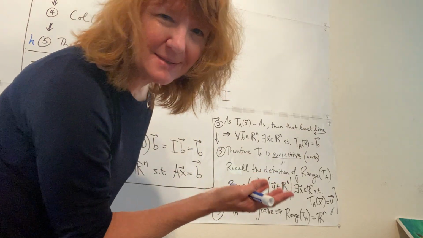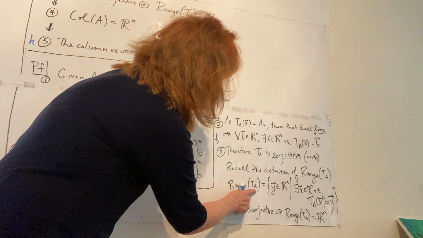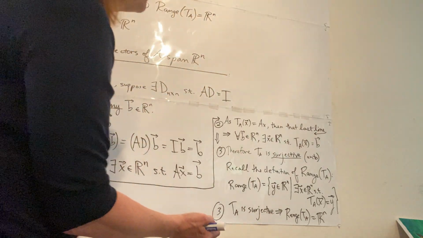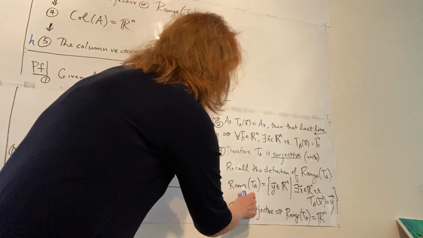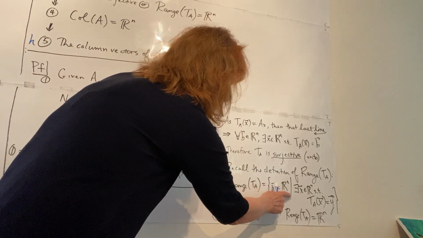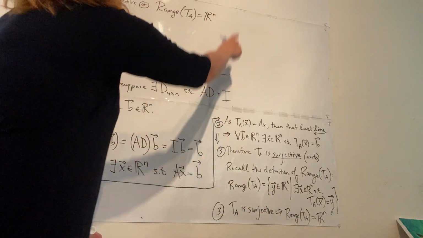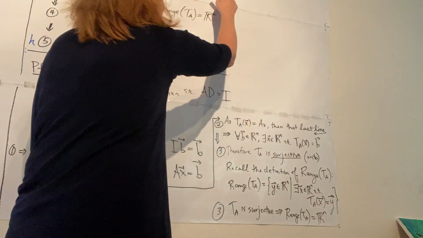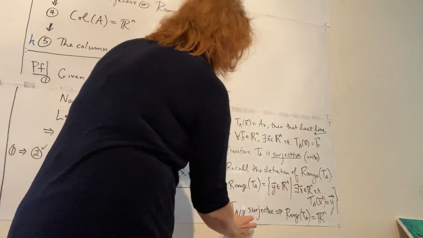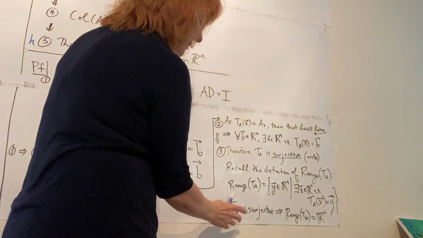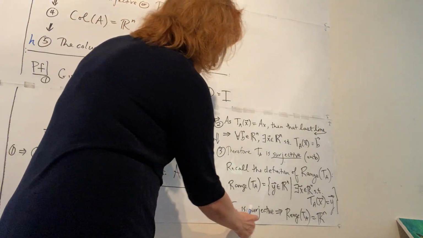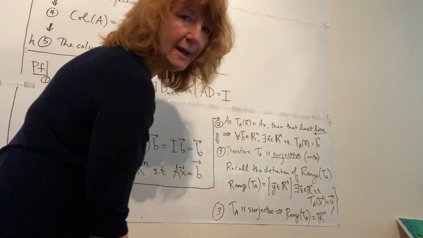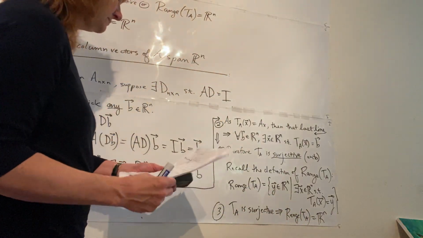Remember, we proved that's a subspace, if T is a linear mapping, which T sub A's always are. So the range is the set of all vectors in the codomain such that they have a preimage in the domain. Well, we just showed that that is every vector in Rn. So T sub A is surjective is the same thing as saying that the range of the transformation is all of Rn.